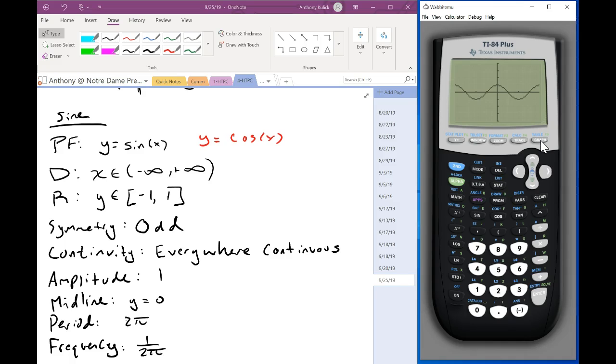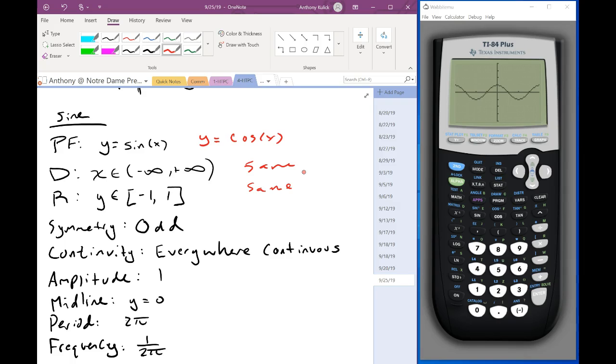Okay. Will a translation left or right change the domain? No. So that's still going to be the same. How about, will it change the range? No. Is the symmetry the same? No. Look at the picture.